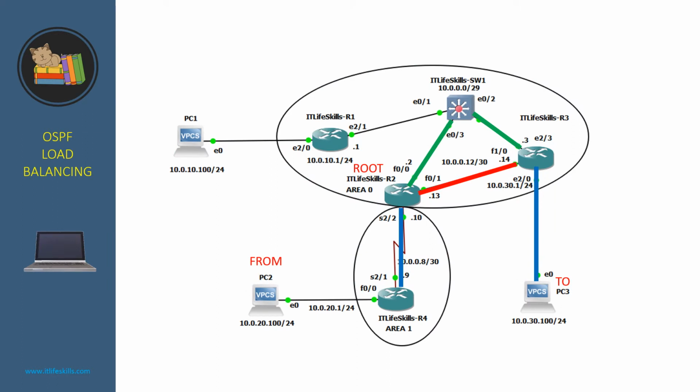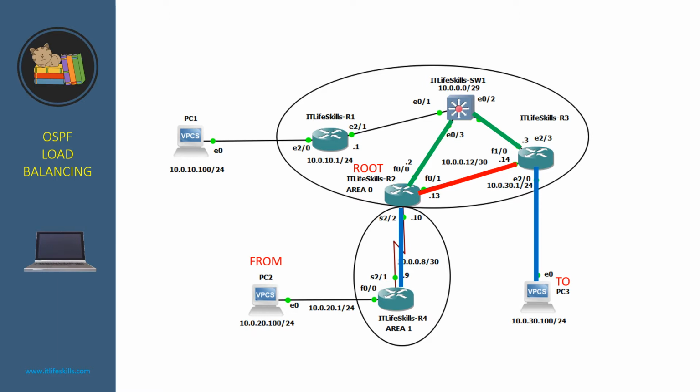In the previous lesson, we also learned that OSPF only keeps the best routes, which are the routes with the lowest cost, to a destination. So what happens to the routes with the same cost to the same destination? The answer is that OSPF will use both routes and perform equal cost load balancing.